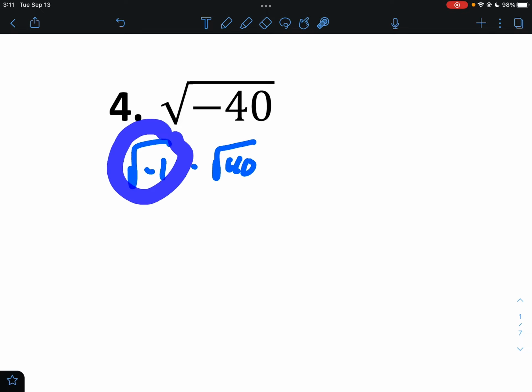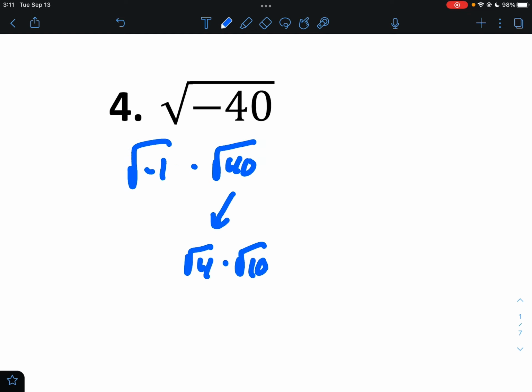We know this is i. Root 40, we could break that down into root 4 times root 10. So this would be 2, and then this would be i, so we have 2i, and then root 10: plus or minus 2i root 10.